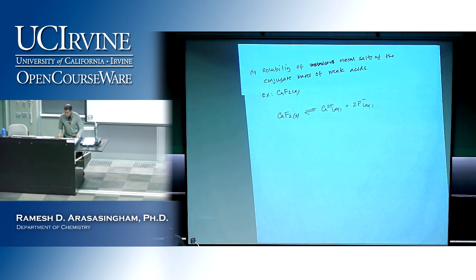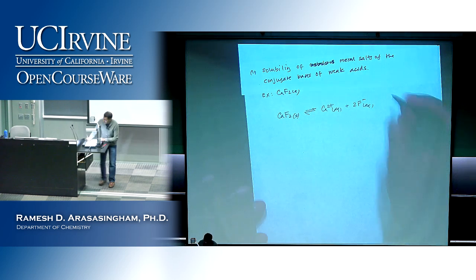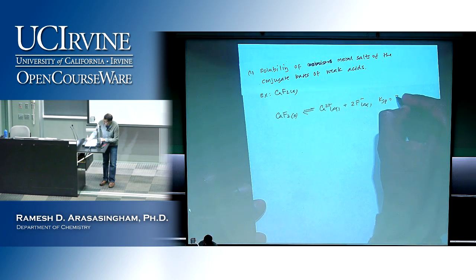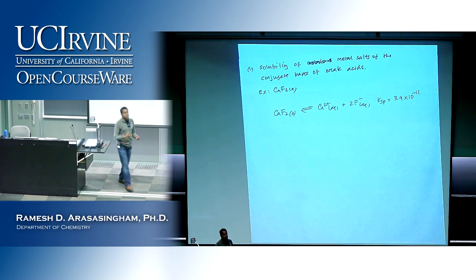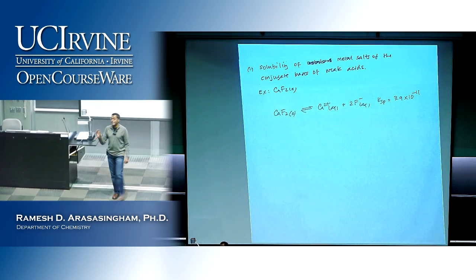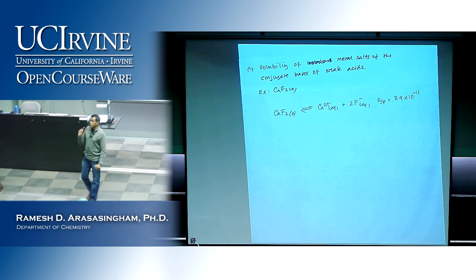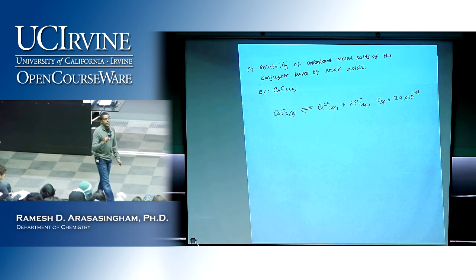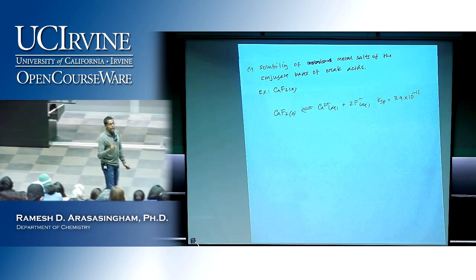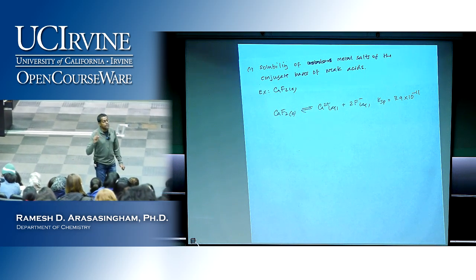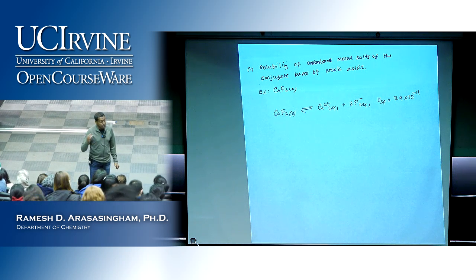And if you take the Ksp of that, it's 3.9 times 10 to the negative 11. So we know this is an insoluble salt. But if you take the anion, the anion is F minus. And this is the conjugate base of the weak acid, HF. So it's a weak acid. It's the conjugate base of a weak acid. Therefore, this would be a weak base.